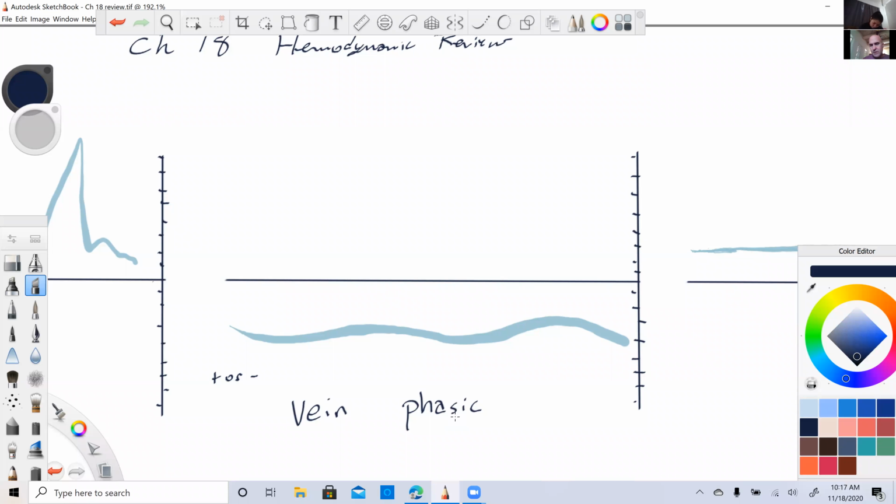It changes over time because, for the most part, of respiration. So if your patient holds their breath, you're not going to have phasic flow anymore, are you? And if they take deep breaths, you'll see long phasics. And if they take short breaths, it'll be short phases.